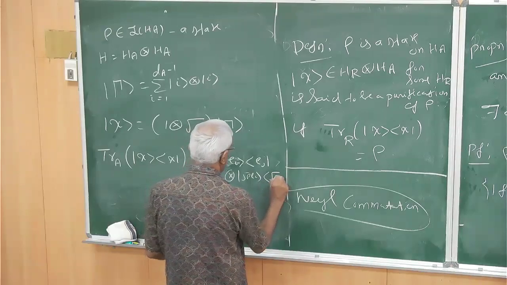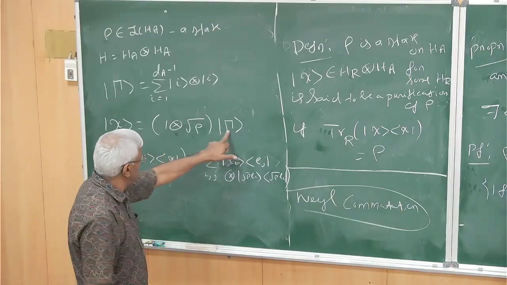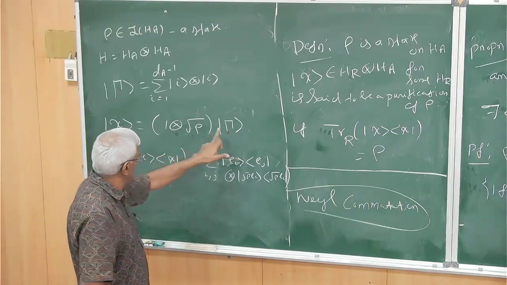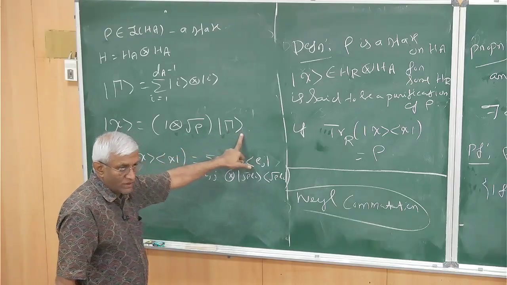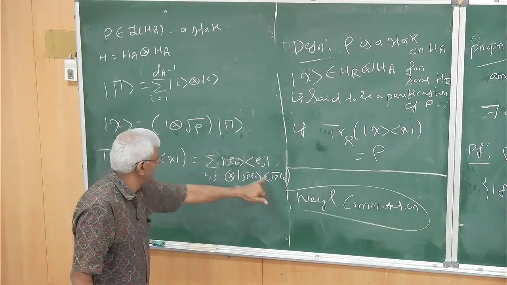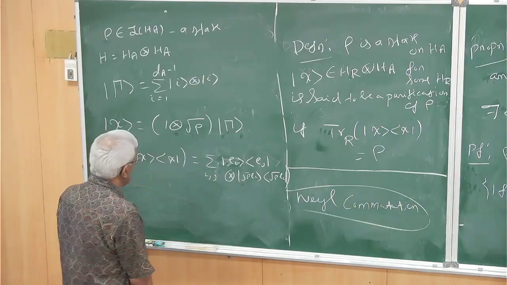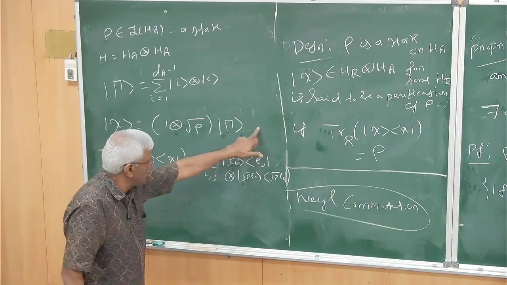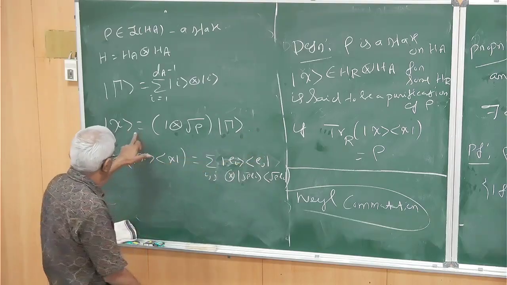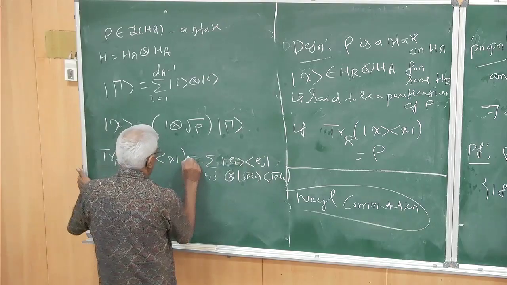Let me see whether I have written it correctly. So 1 tensor rho, this is just e_i tensor e_i. So e_i tensor square root of rho e_i, e_j tensor square root of rho e_j. So I have written it correctly, right? You will have a sum here, you will have a sum there. Chi is that, that is equal to this.